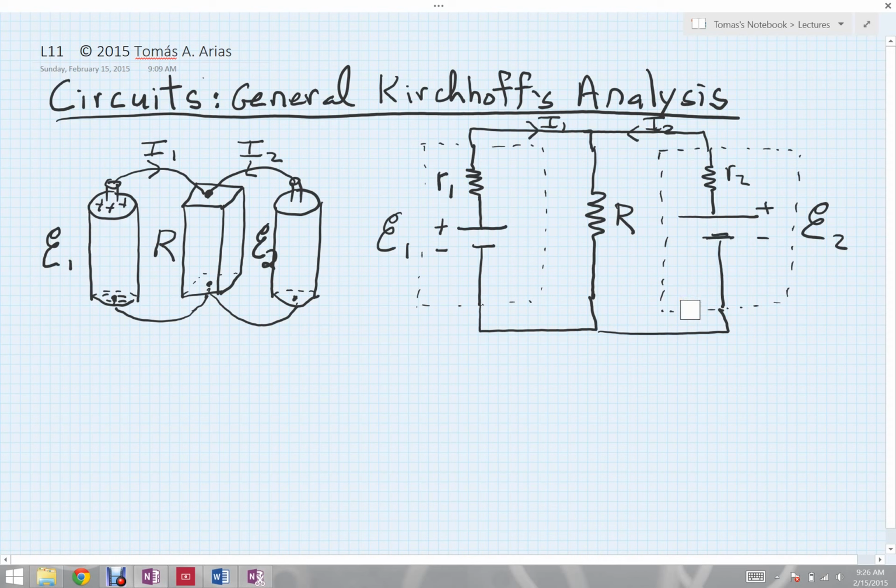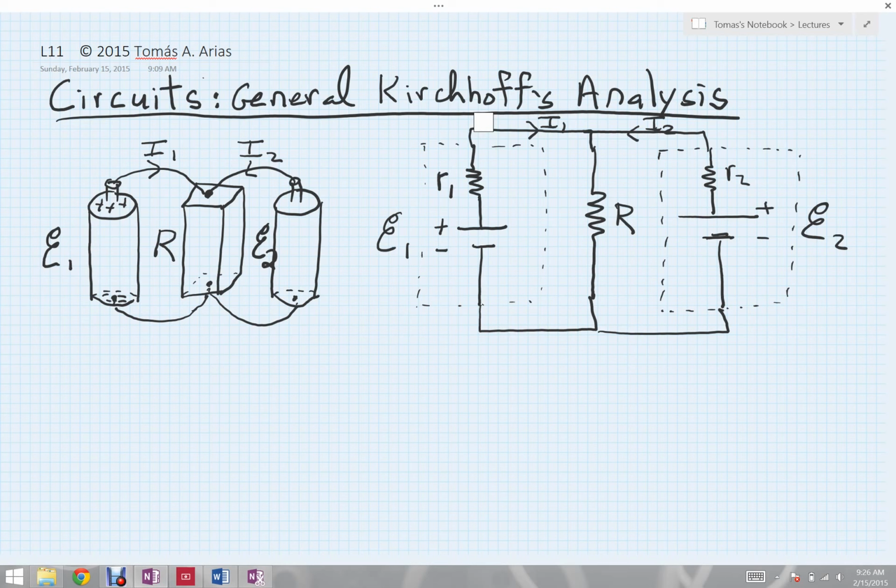Moreover, when we come to the loop rule, there's a whole series of loops that I could begin to analyze. I could analyze a loop around this part of the circuit, or around this part of the circuit, or write another equation that loops around the entire circuit, or a loop that goes around in some kind of crazy figure eight. I've got all kinds of options. I can end up writing down many equations and then end up with a very difficult mathematical problem to solve.